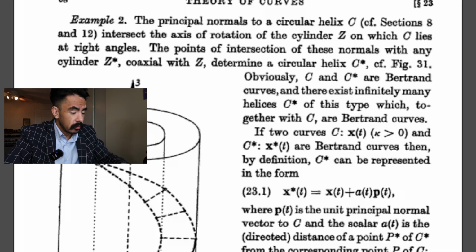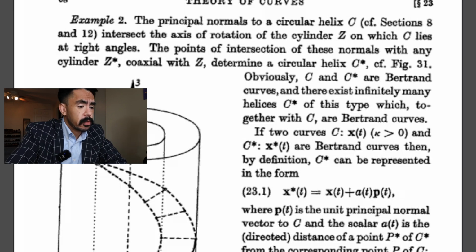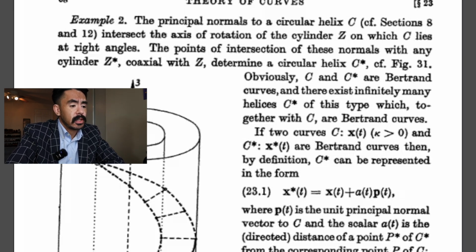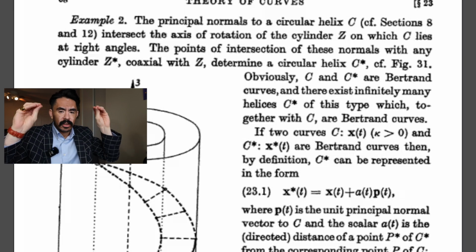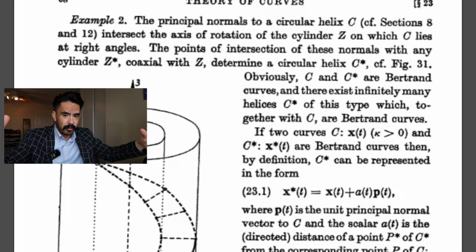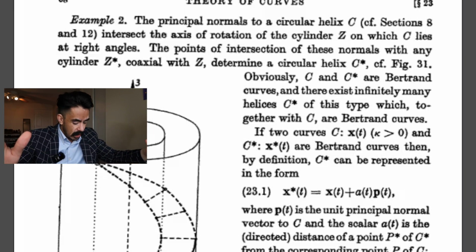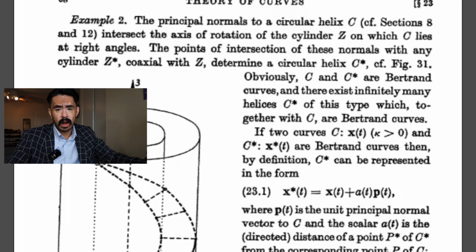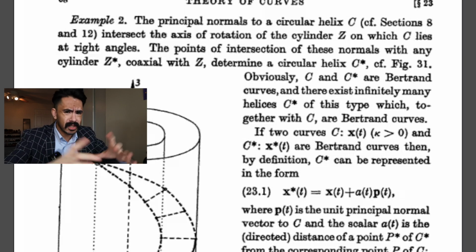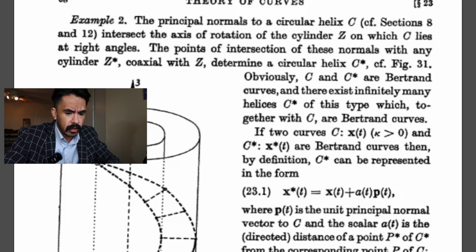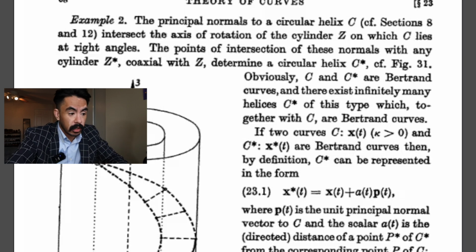Just saying. Example 2. The principal normals to a circular helix C, our beloved circular helix. We've seen this in a few streams now. Example problem 12.2, we basically already went over deriving expressions for involutes and evolutes of our beloved circular helix.